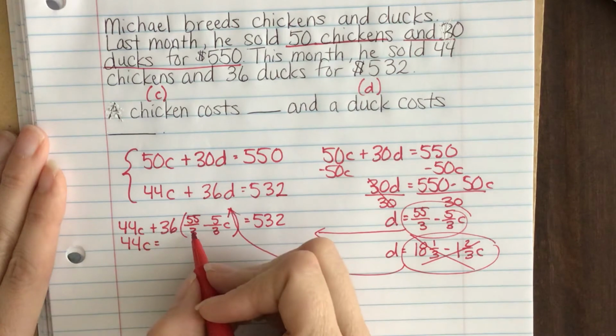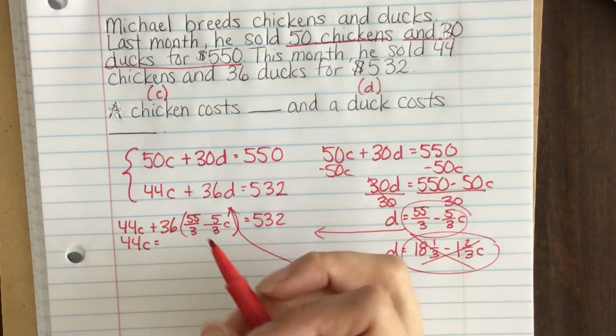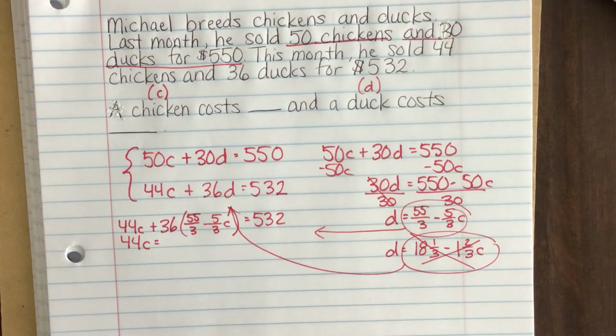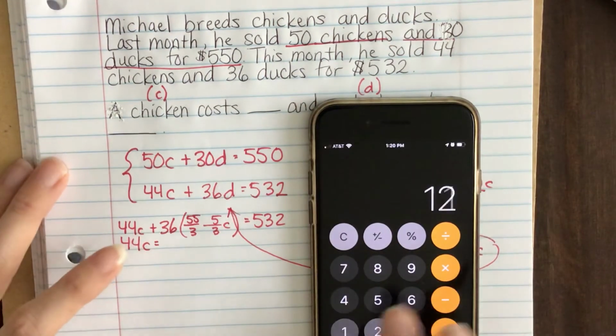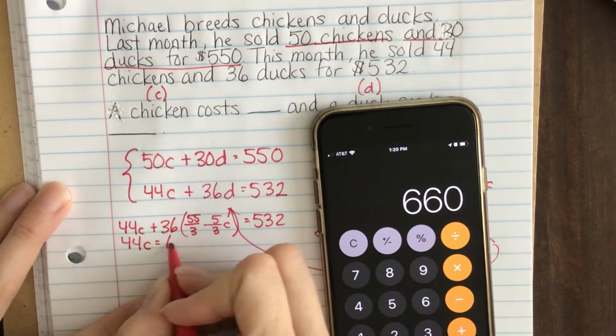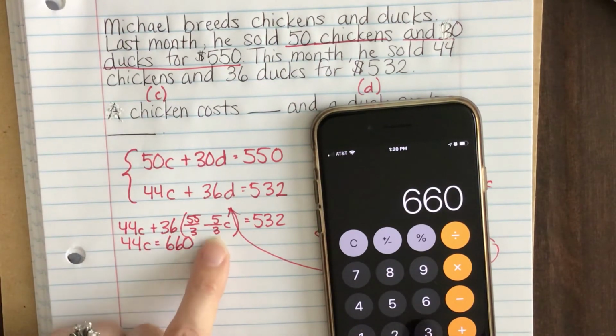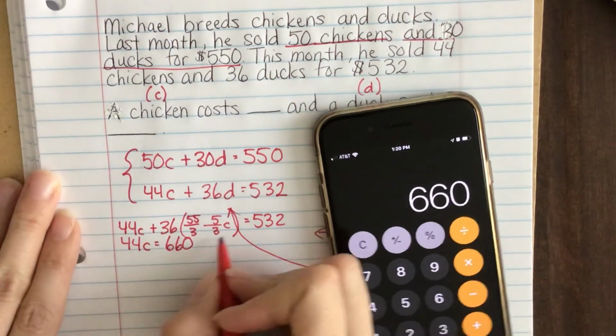Well, 36 divided by 3 is 12. And then we just need to do 12 times 55, which is 660. And then 36 divided by 3 is 12, and 12 times 5 is 60.